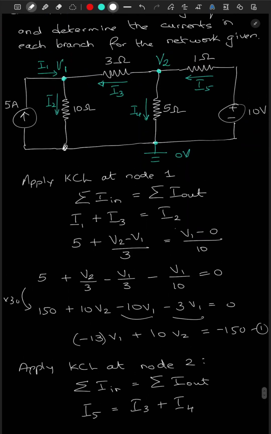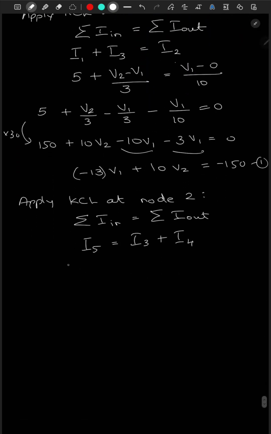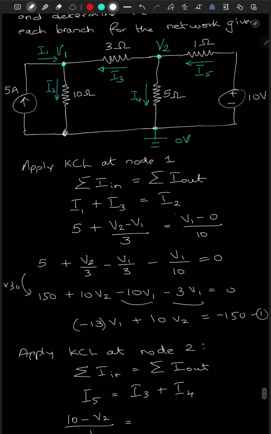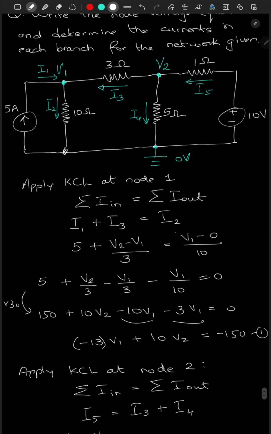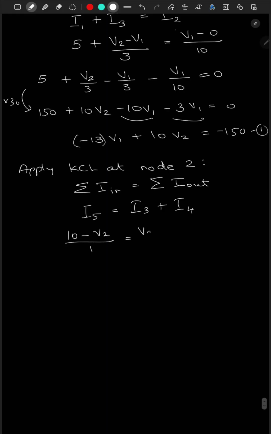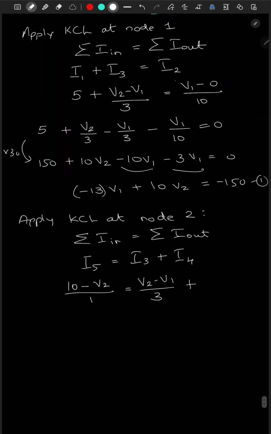So I5 is 10 minus V2 divided by 1 ohm resistance. I3 is V2 minus V1 divided by 3. And I4 is V2 minus 0 divided by 5.